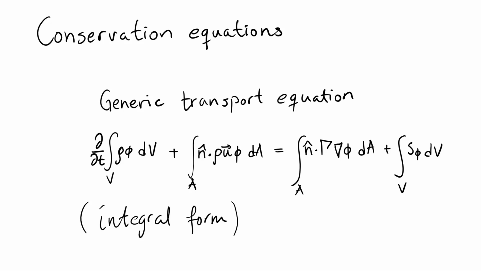Here is the main difference, I would say, between the finite volume method and the finite element and finite difference methods, that more or less work on the differential generic transport equation rather than the integral form of the transport equation.